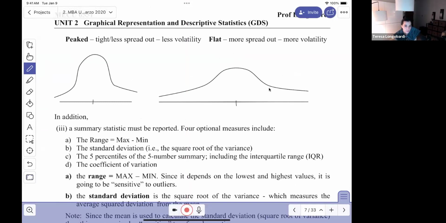In a symmetric distribution, we use the mean, because we learned that, right? And the symbol for mean is X bar.